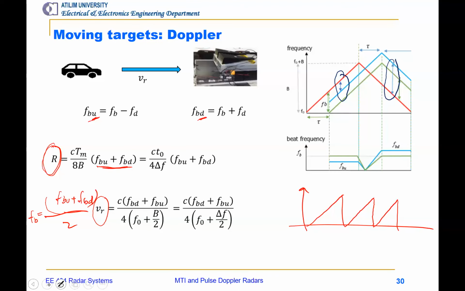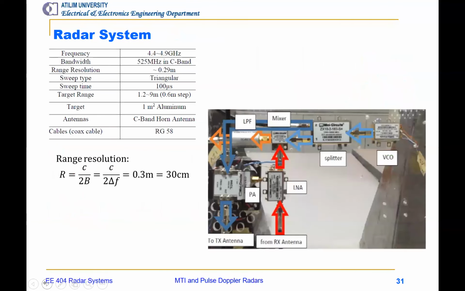Now, what specifications do we have in our radar system? The frequency range is, as you can see here, 4.4 to 4.9 gigahertz.